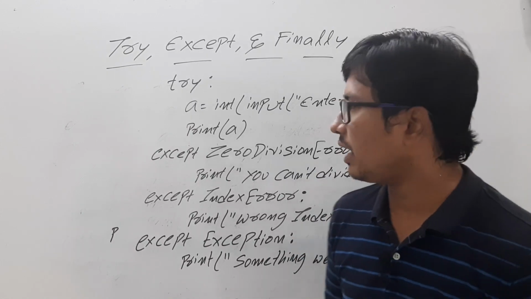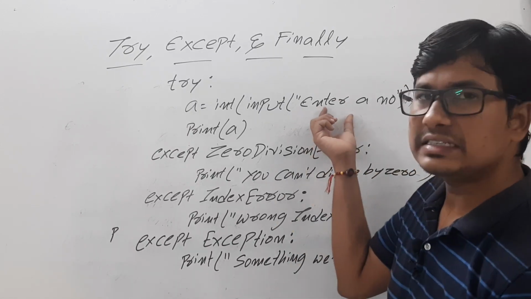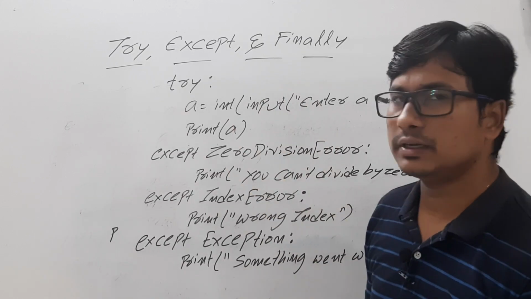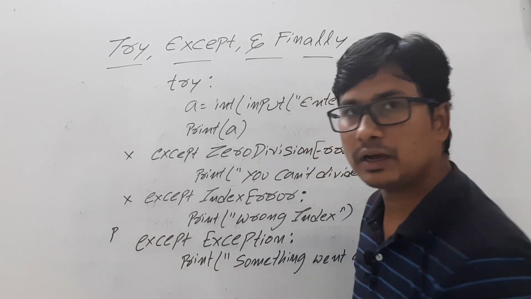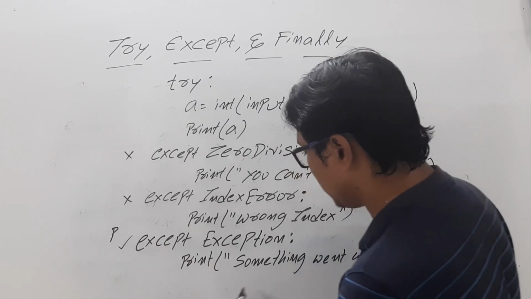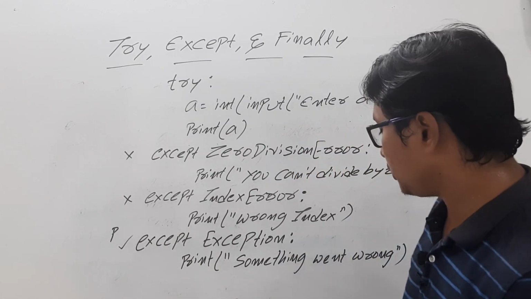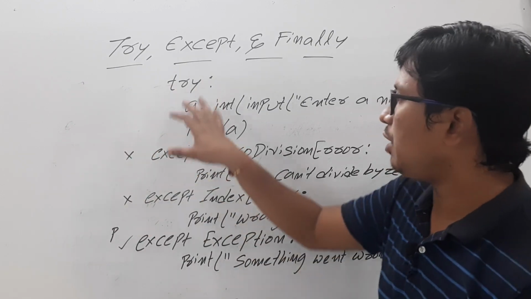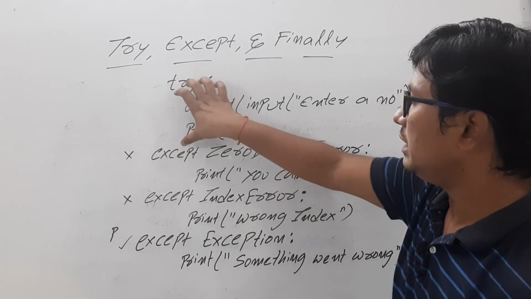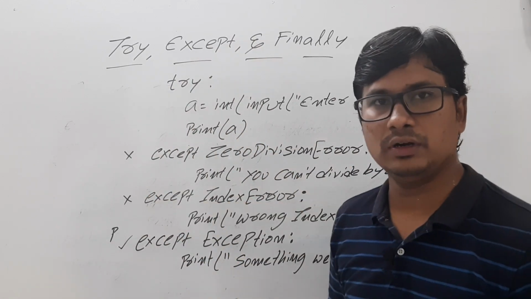In this case, what will happen? Suppose the user has entered a character instead of a number, then the other exceptions will not occur, and this exception will occur, and then you will get an output called something went wrong. So I hope with these examples you have understood in detail about the try block and except block.